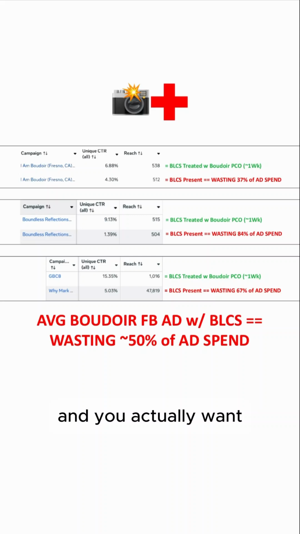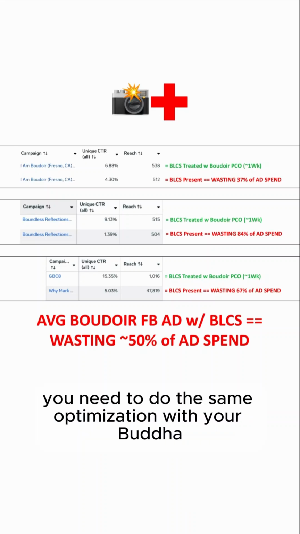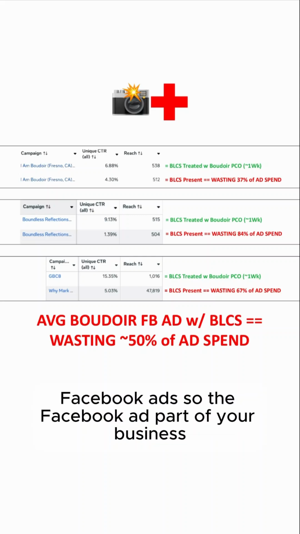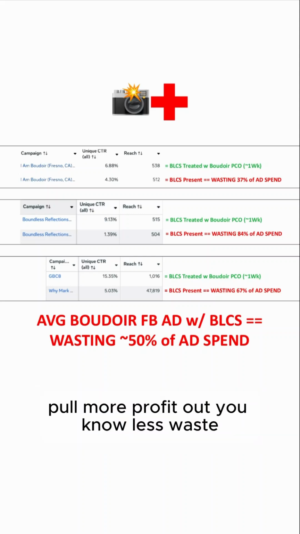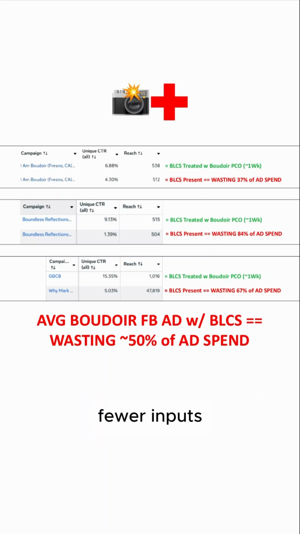And you've decided now you need to do the same optimization with your Boudoir Facebook ads, the Facebook ad part of your business, pulling more profit out, less waste, fewer inputs, same profit or more profit.